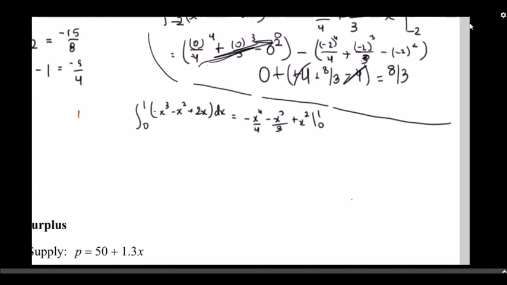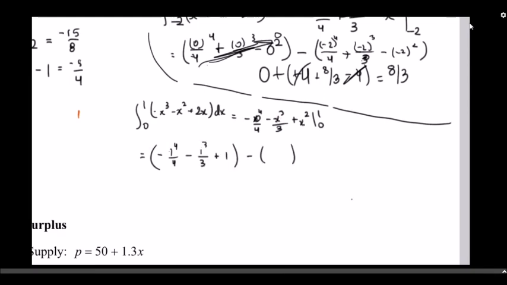So we do the antiderivative at the upper bound. So that's negative 1 to the fourth divided by 4, and then minus 1 to the third divided by 3 plus 1 squared, which is just 1. And then at the lower bound 0, we're just going to have a 0 for that x and a 0 for that x and a 0.